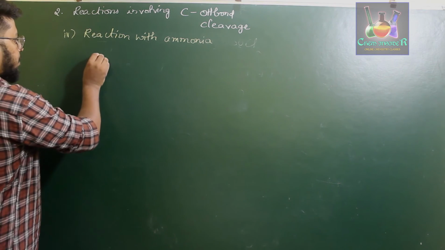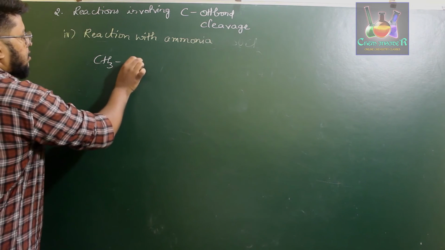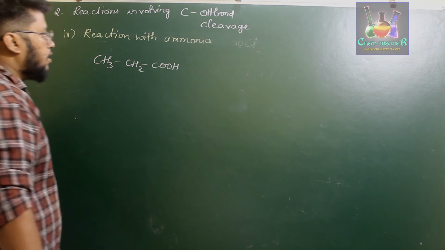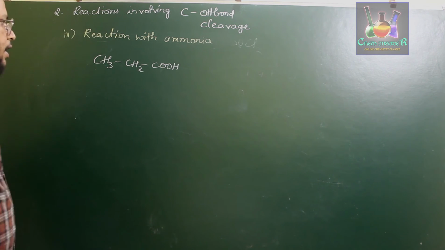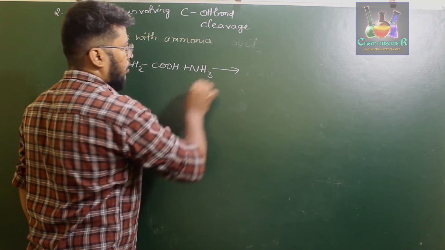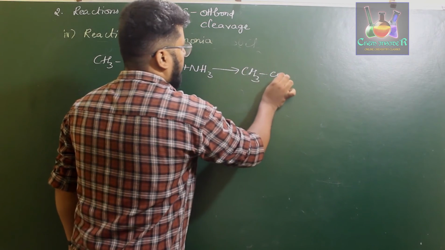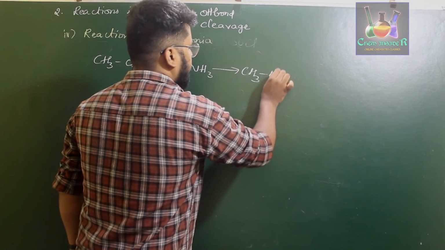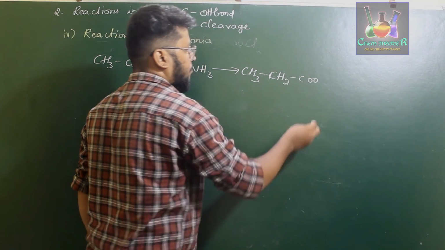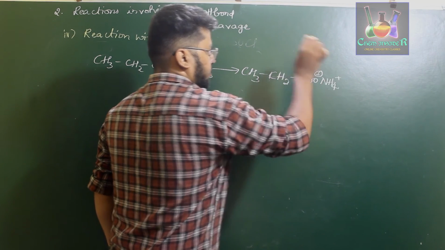Let us take directly an example: CH3CH2COOH. When you treat propanoic acid with ammonia, they first form the ammonium salt of propanoic acid, CH3CH2COO minus NH4 plus.